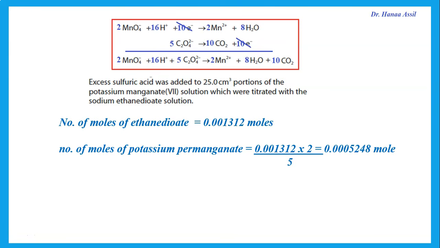The number of moles is a 2:5 ratio. So if I have this number of moles of the ethanedioate, then the number of moles of the permanganate is that. And then we can get the concentration of the permanganate. That would be the number of moles over the volume used, which was 25 cm³. Again, in all of these equations, please do not forget to divide by 1000. So this is the concentration of the potassium permanganate solution.